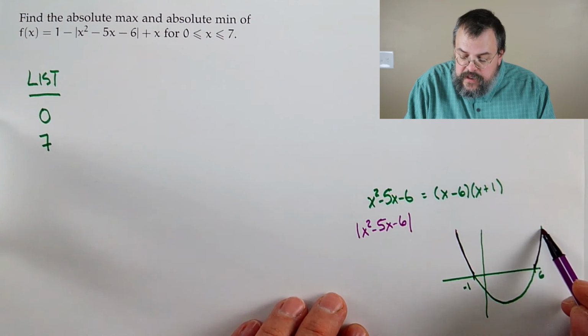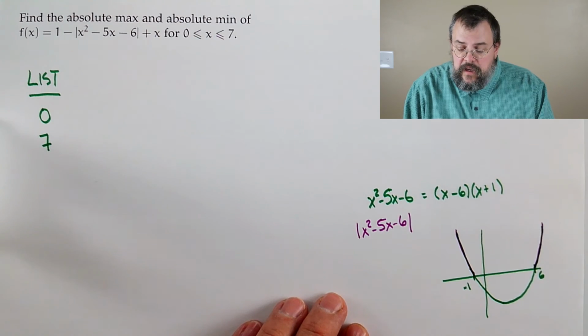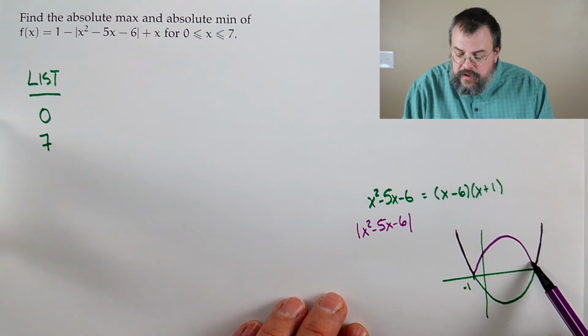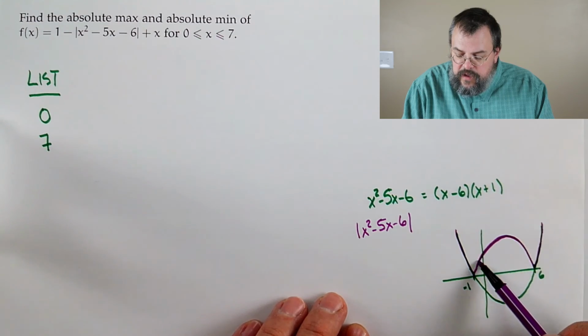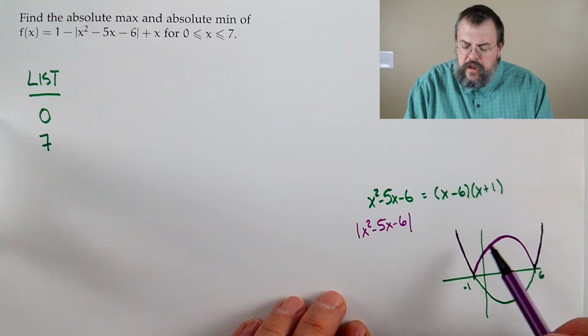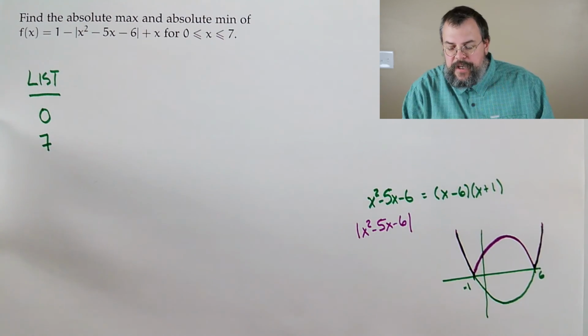So the parts that are above the x-axis are still going to be above the x-axis. The parts that are below the x-axis are where you flip. And so you get that shape. So it's going to go something along that line. You can see here, it looks like we have a bit of a kink happening.